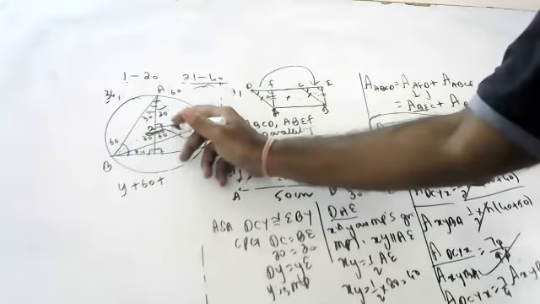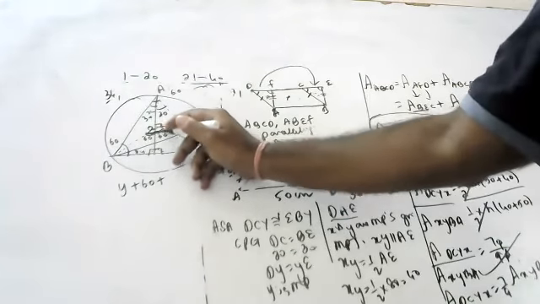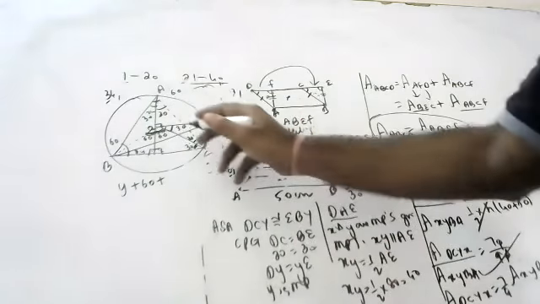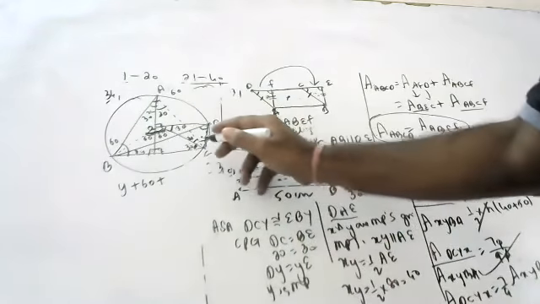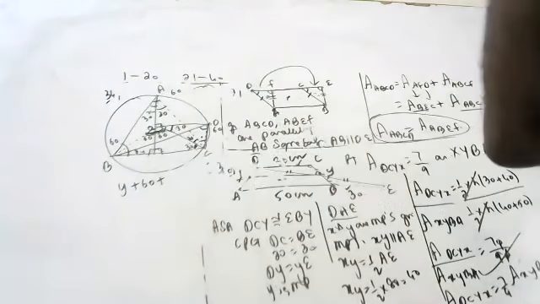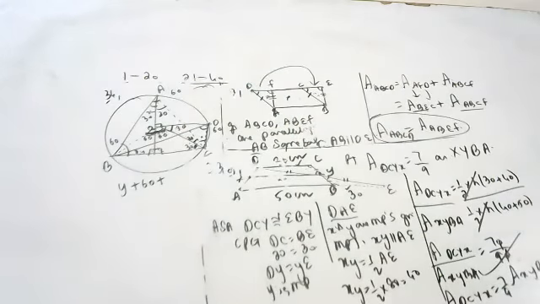If this is 60, children, this will be 30 because this total is 90. And in this small triangle, this is 30, this is 30, this is 30. Children, no one is telling, I am only shouting from that time.